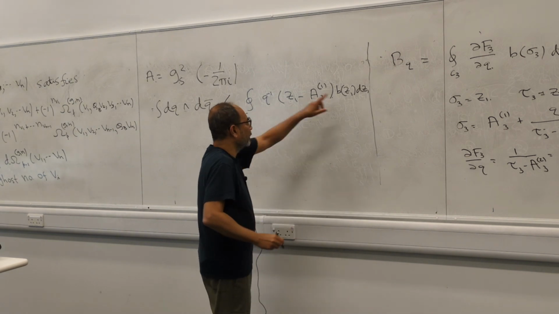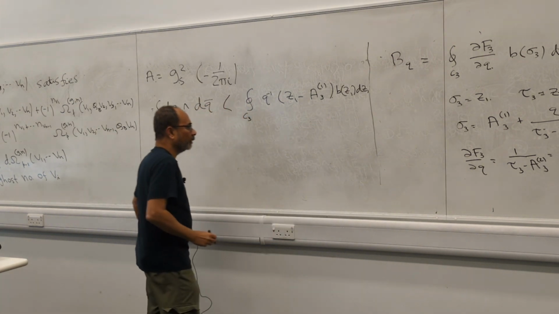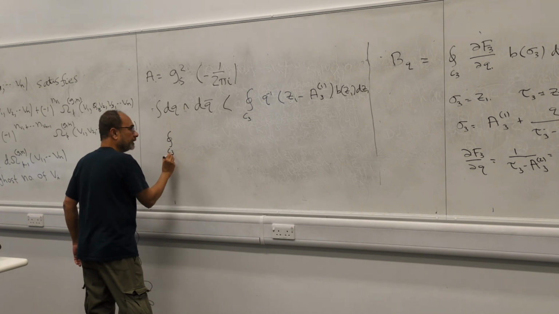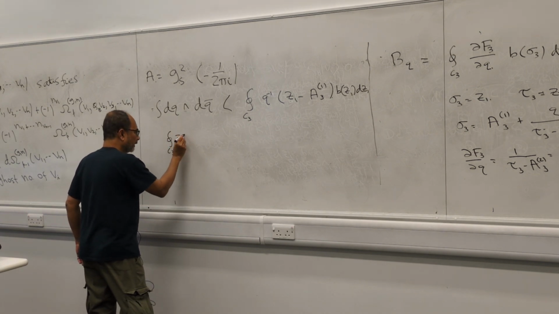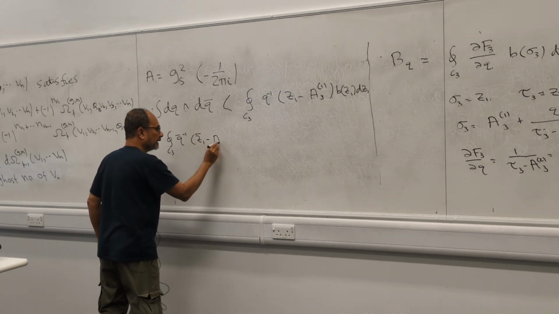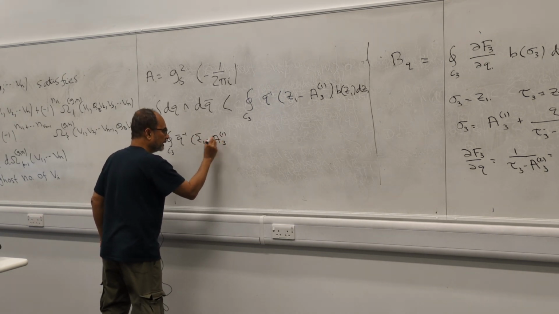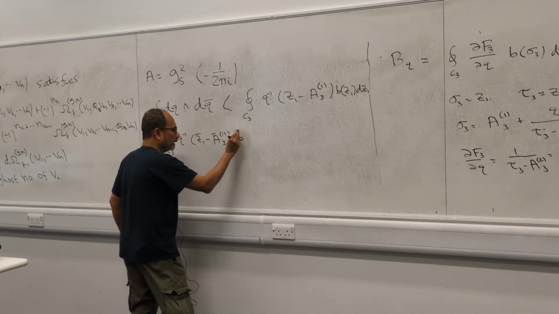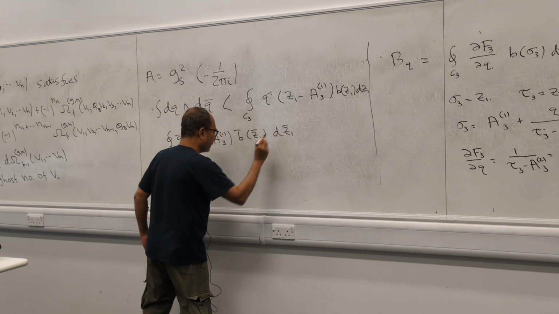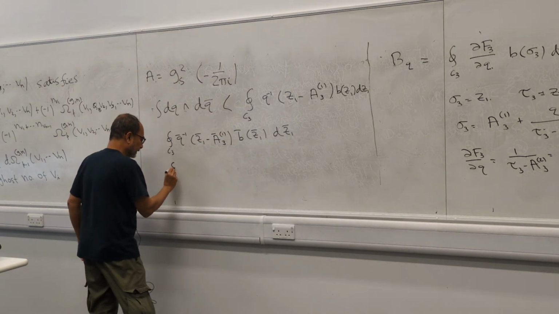For Q there is no Z bar, by the same argument. Then we have the integral over C3 of Q bar inverse times Z1 bar minus A13 bar, dZ1 bar, and then the complex conjugate.